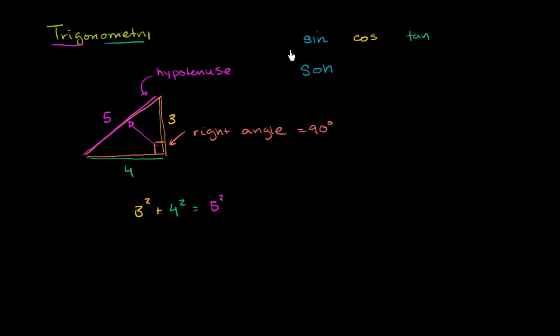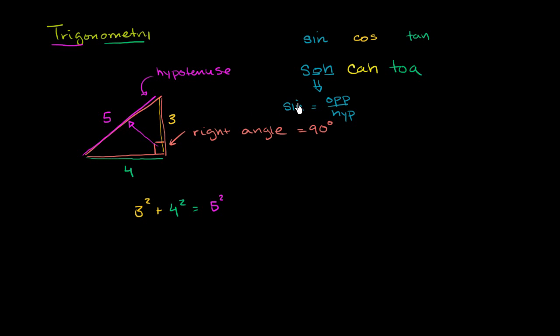It's called SOHCAHTOA. And you'll be amazed how far this mnemonic will take you in trigonometry. What this tells us is that sine is equal to opposite over hypotenuse. This won't make a lot of sense just yet.